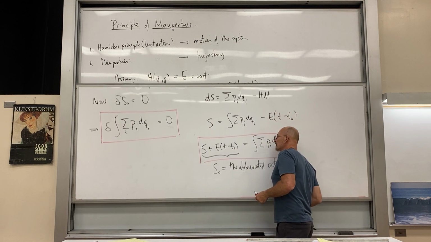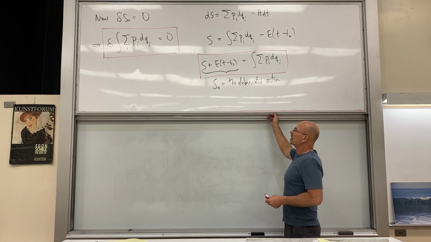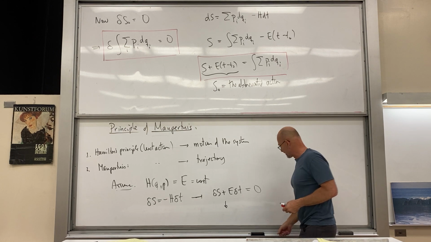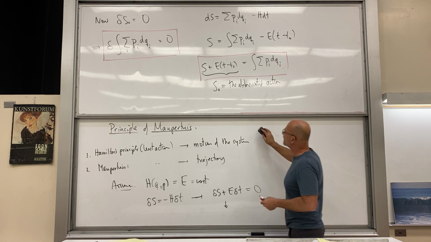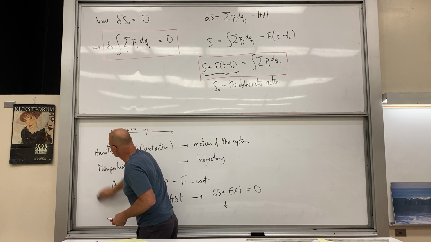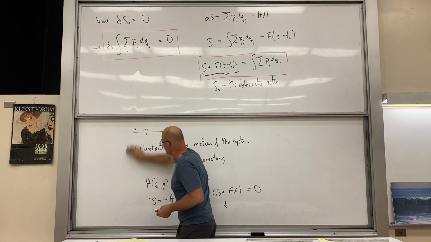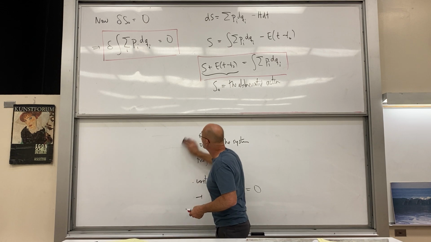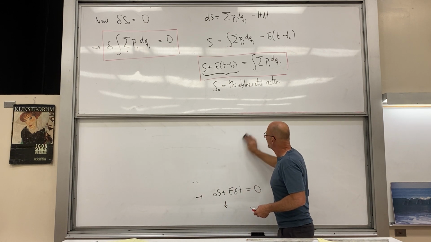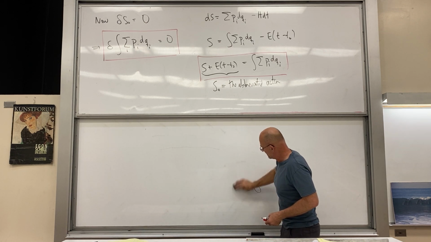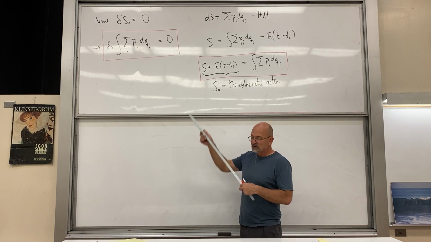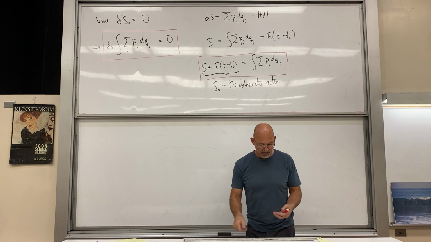So now we have to get some content for that, turn it into something we can calculate with. And in essence, we have to get some expressions for these dq sub i's.